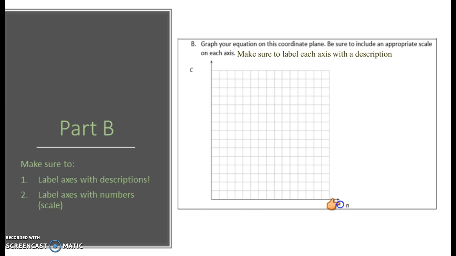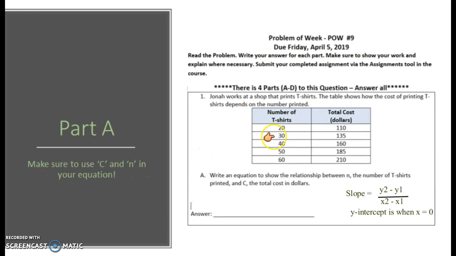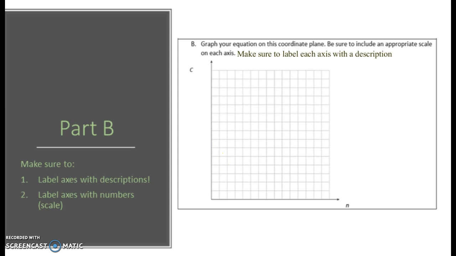So you can't do 1 unit. You want to look at that and say, okay, what can I have each of my units be if my inputs are going up by 10? And then again, my y's are in the hundreds. So maybe you don't want to start at 10, maybe we do 0, 50, and stuff like that. So the idea is that you have to pick your scale so that it can represent the values that you need to plot based on your table.